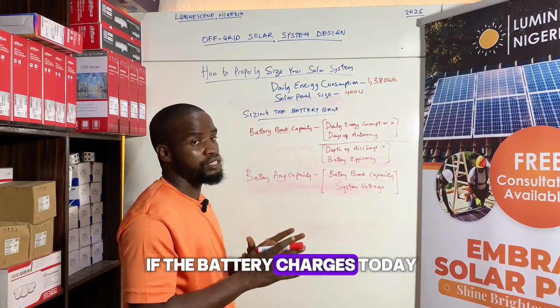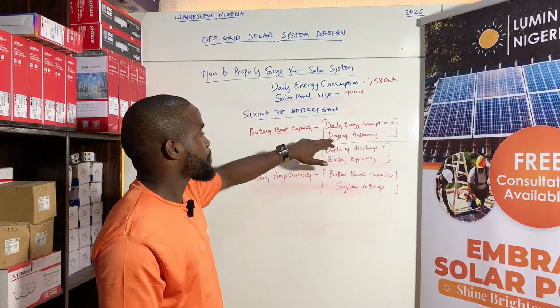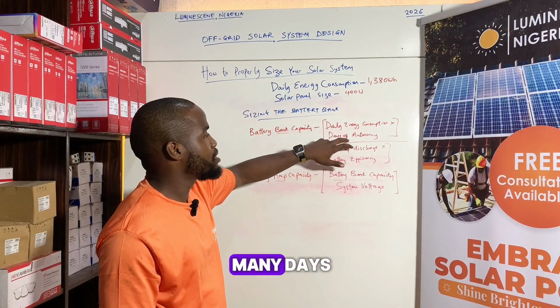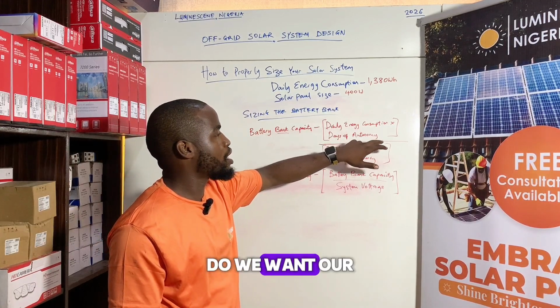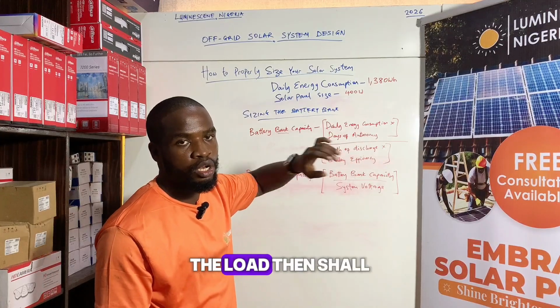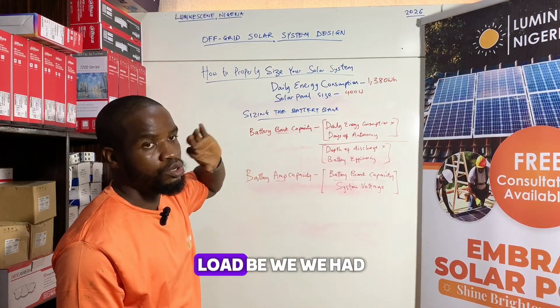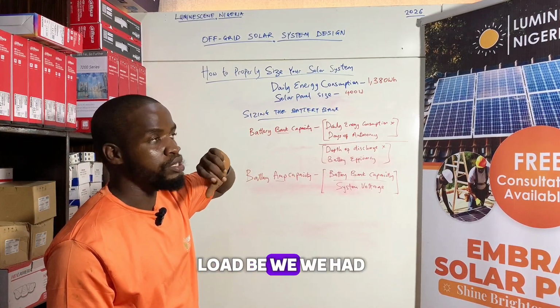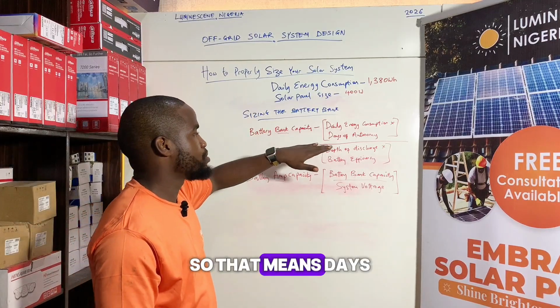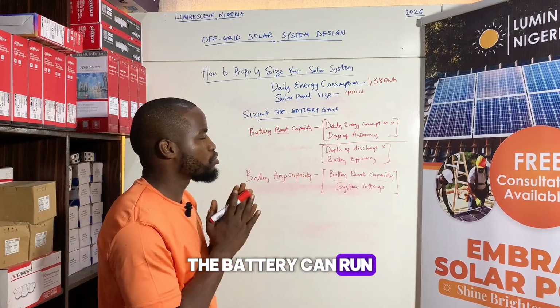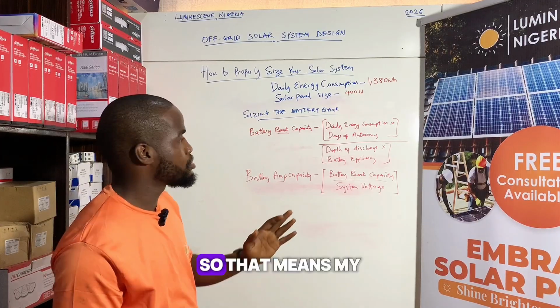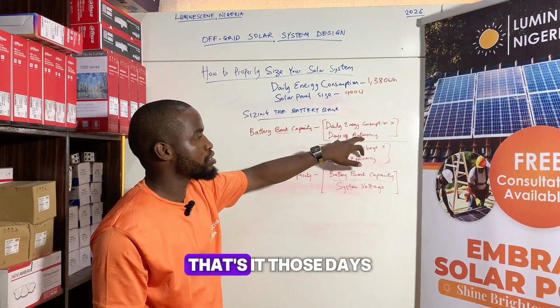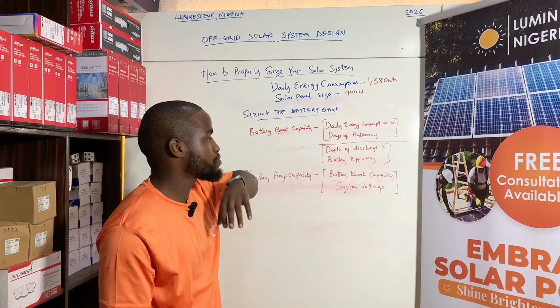Let's say if the battery charges today, how many days do we want our battery to run the initial load we had? That means the days the battery can run without any charging support. So that means my days of autonomy. Those days it can run by itself.